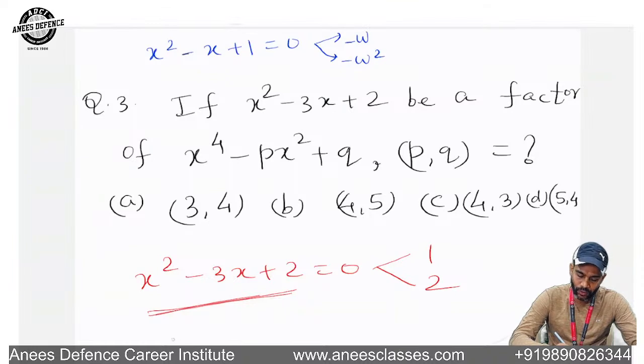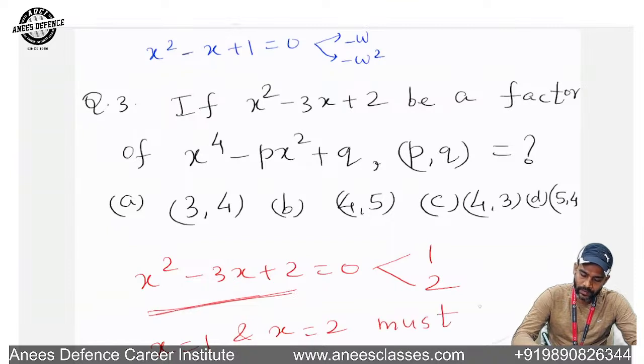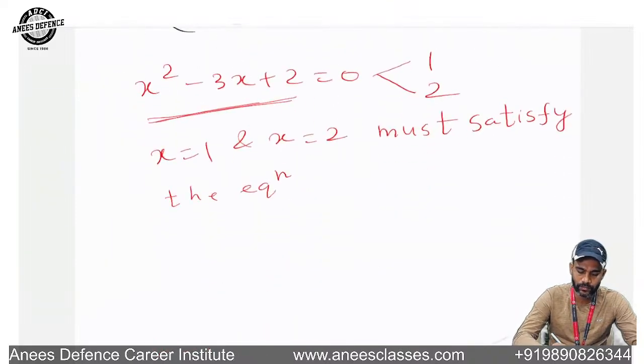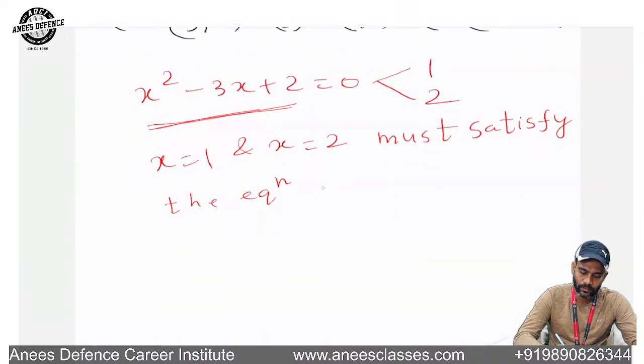So x is equal to 1 and x is equal to 2 must satisfy the equation. Which equation? Tell me. The equation x raised to 4 minus px square plus q is equal to 0.